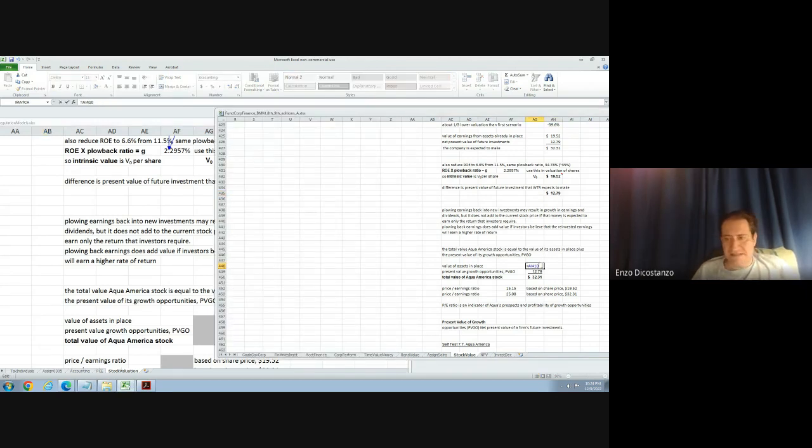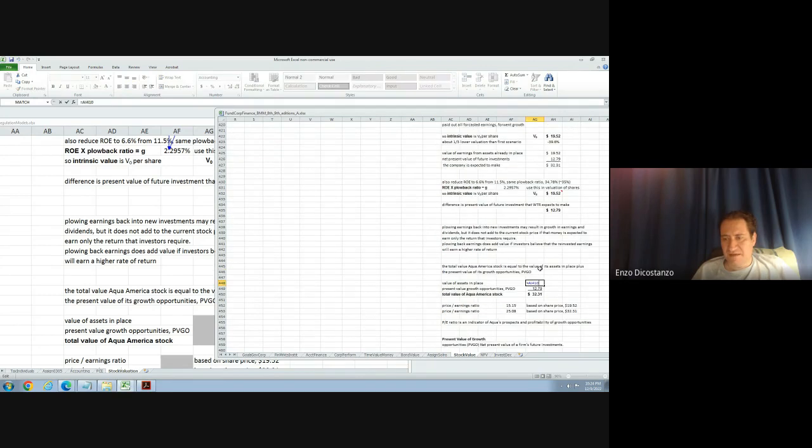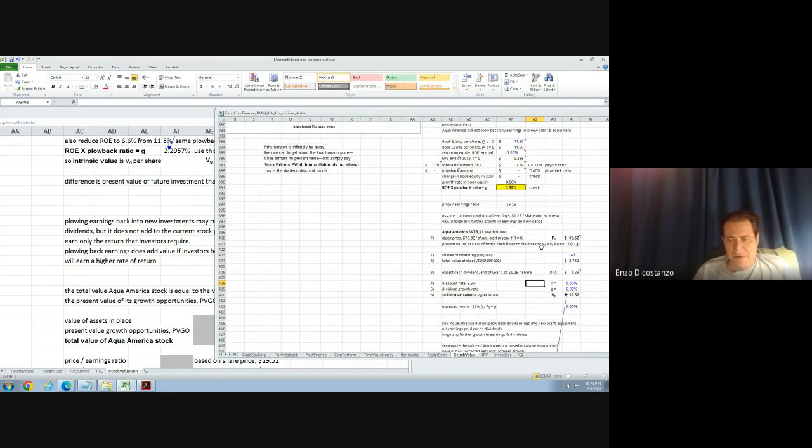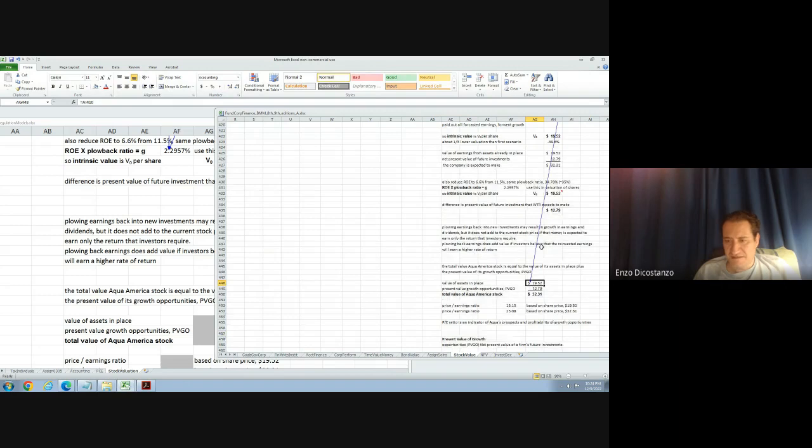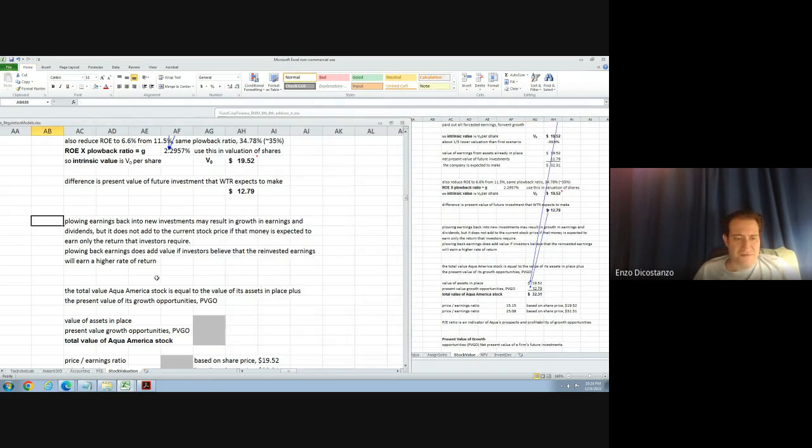And looking at this, this is the value of assets in place. This is the present value of growth opportunities.